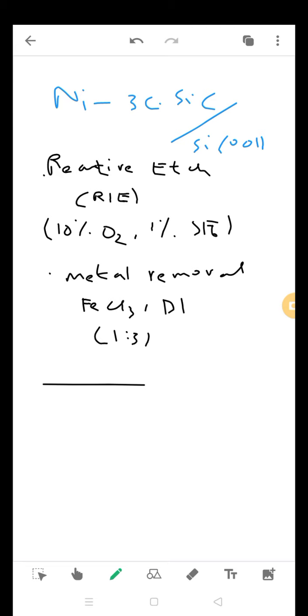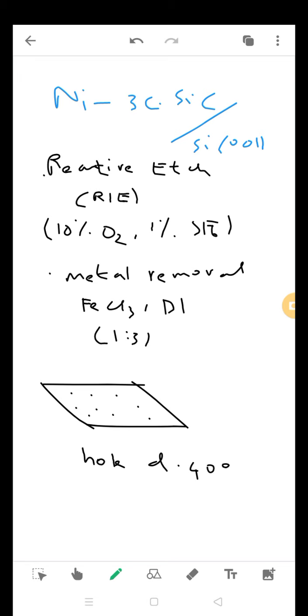So we actually get a patterned substrate as we already mentioned, formed with a hole diameter of 400 nanometers and depth of about 300 nanometers.